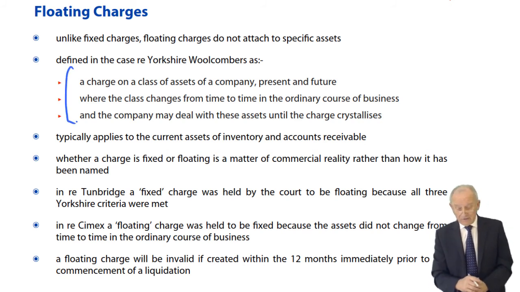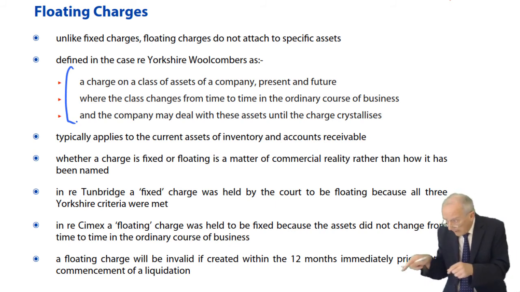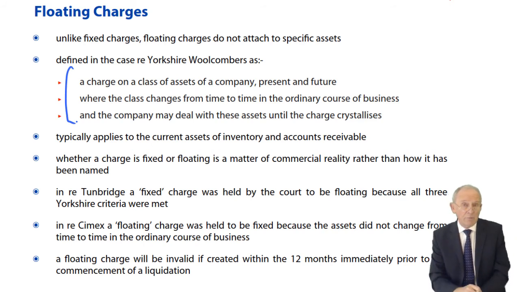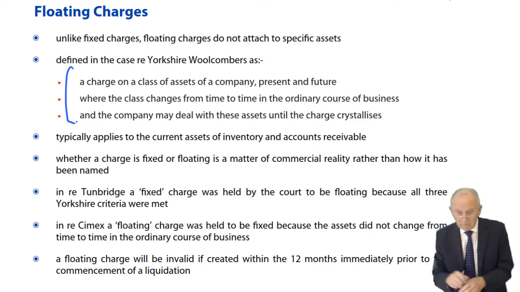A charge on a class of assets. This is a floating charge. It's a charge on a class of assets. Not an individual item of inventory, but inventory generally as a class. The class changes from time to time in the ordinary course of business, we buy inventory, we store it, we sell it, we buy it, it's moving.